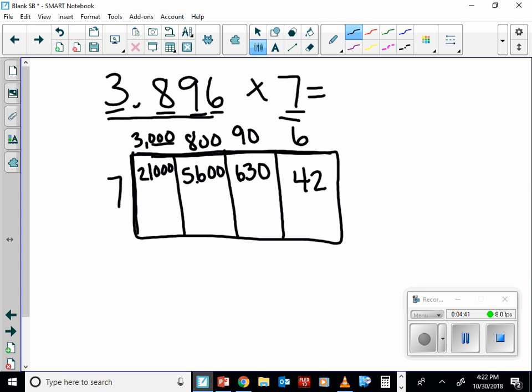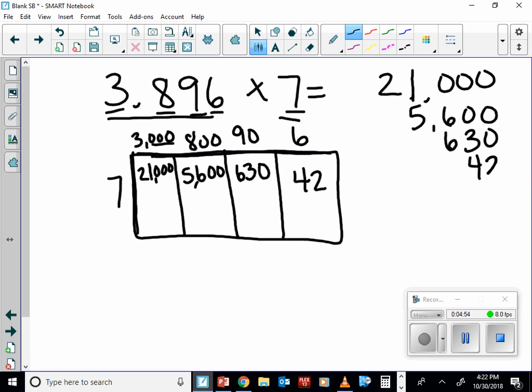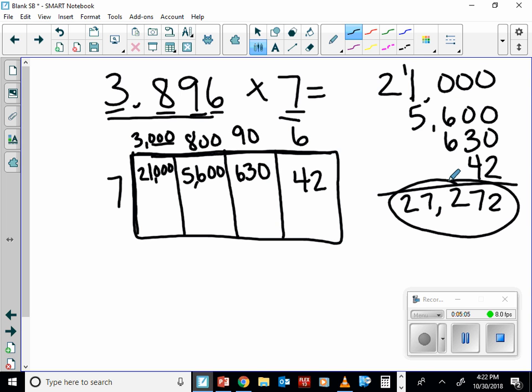Now we're going to come to the side, and we're going to add them. 21,000, 5,600, 630, and 42. So the answer is 27,272.